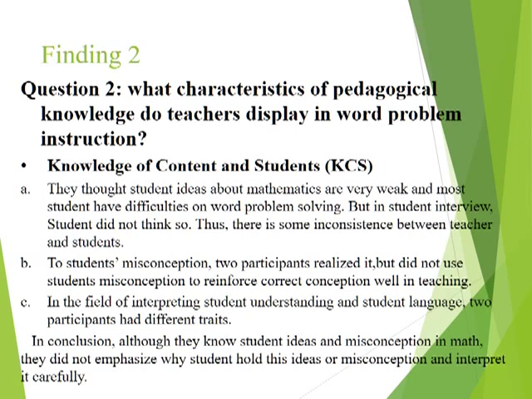Thus, there is some inconsistency between teachers and students. To the students' misconception, two participants realized it, but they did not use student misconception to reinforce correct conception well in their teaching. In the field of interpreting student understanding and student language, two participants have different traits.